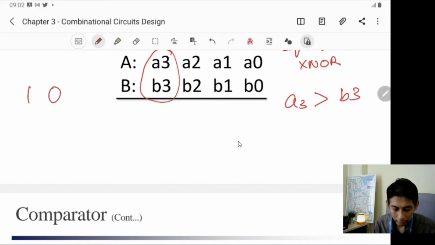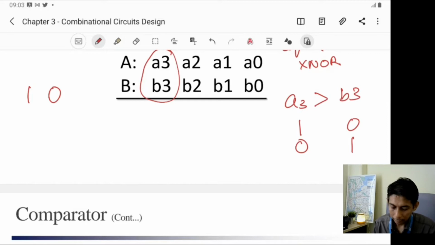So if A3 is equal to 1 and B3 is equal to 0, it means that A3 is greater than B3. And if A3 equal to 0 and B3 equal to 1, then we know exactly that A3 is less than B3.